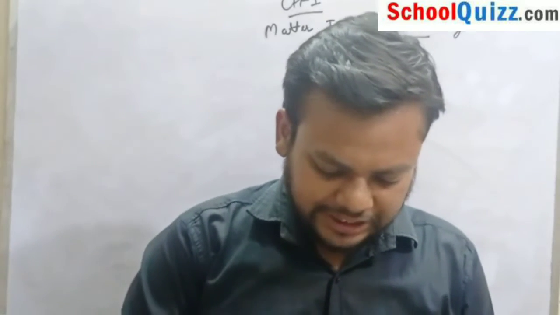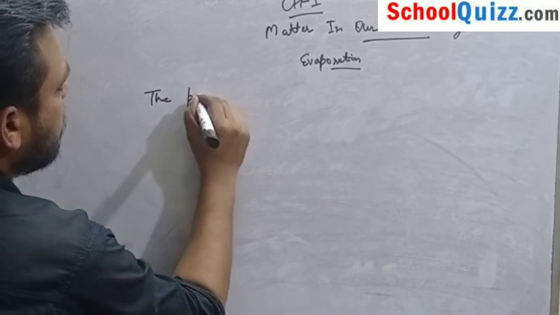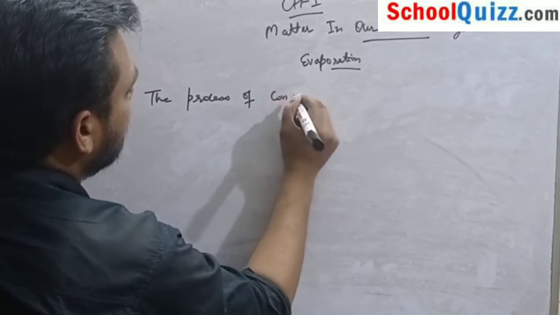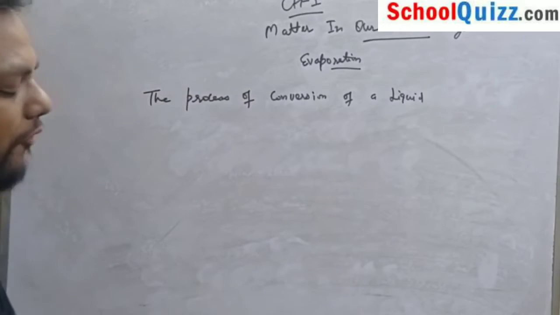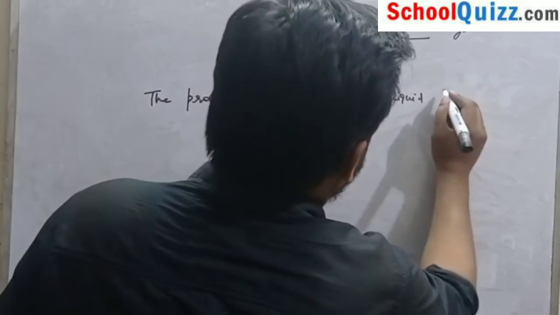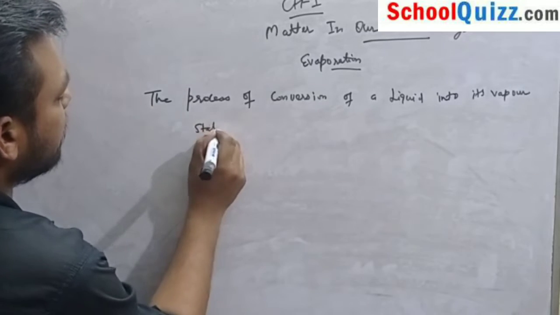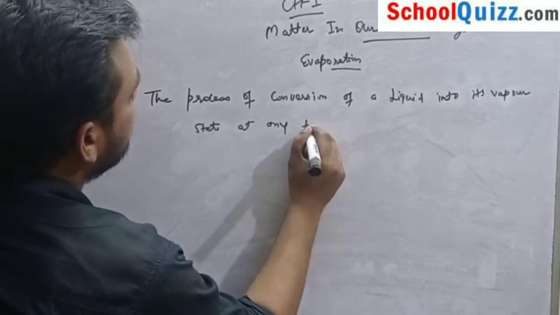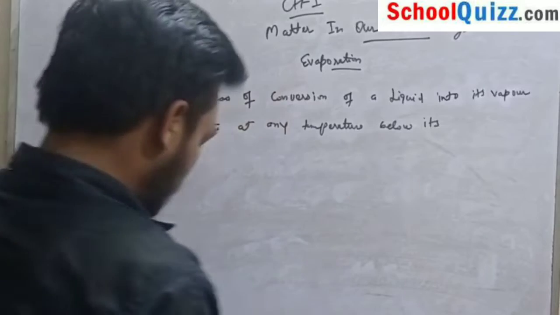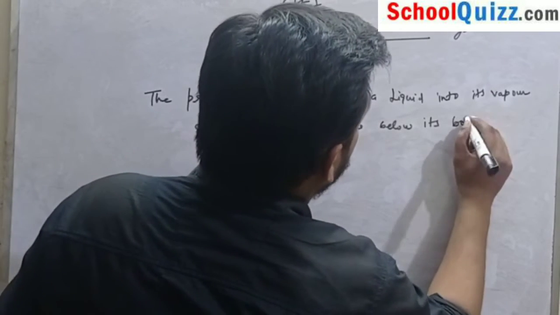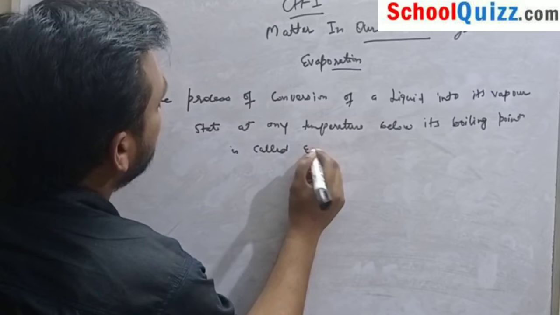So we can write it as: the process of conversion of a liquid into its vapor state at any temperature below its boiling point is called evaporation.